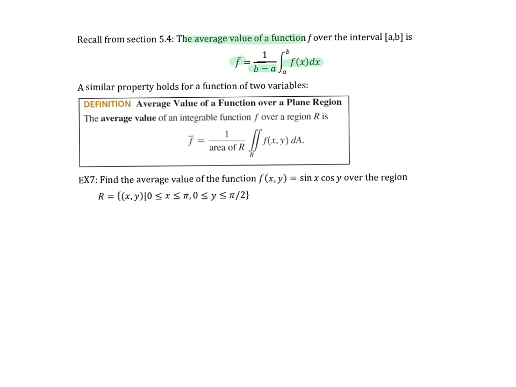So if we take that formula and apply it to double integrals, we can also find the average value of a function. So if you have a double integral, you would be dividing it not by the length of an interval, you'd be dividing it by the area of the region in the xy plane.